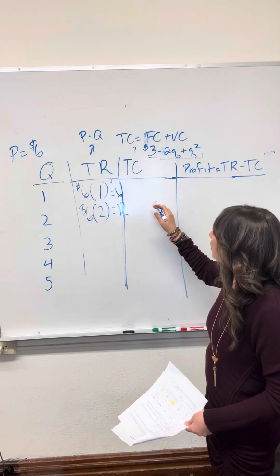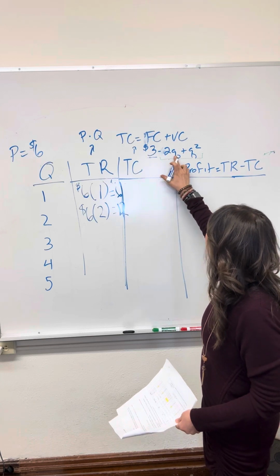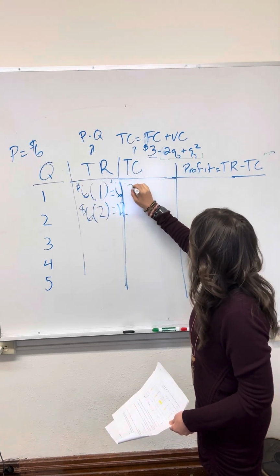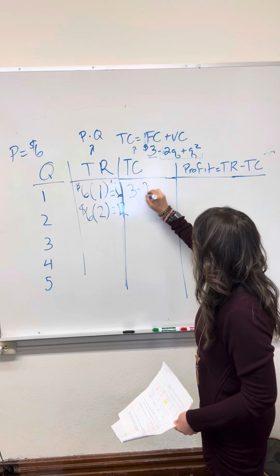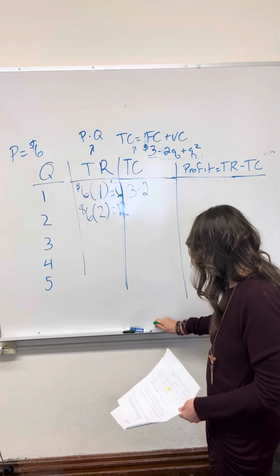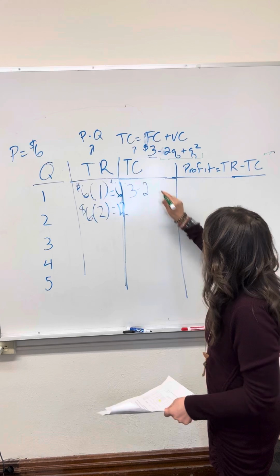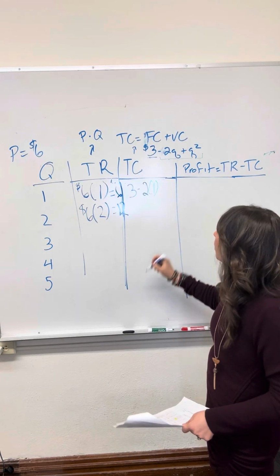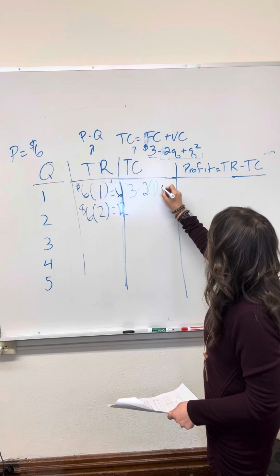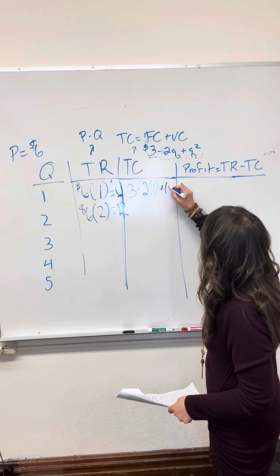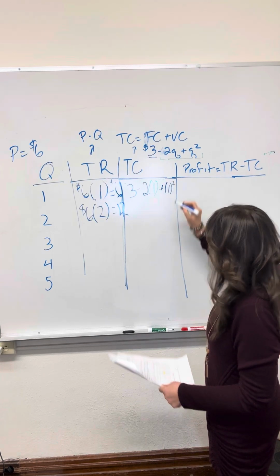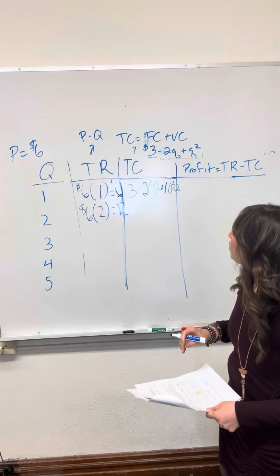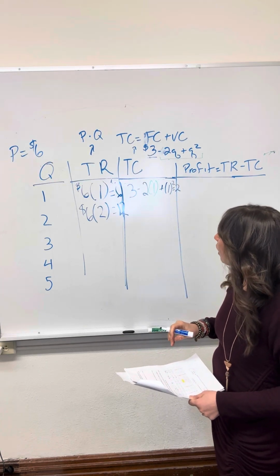What this means is that everywhere we see a q, we just plug in the associated row's quantity. So 3 minus 2, let's just be clear about, times 1, that happens because of the quantity at this level of production, and 1 squared. And so at the first unit produced, our total cost is $2.